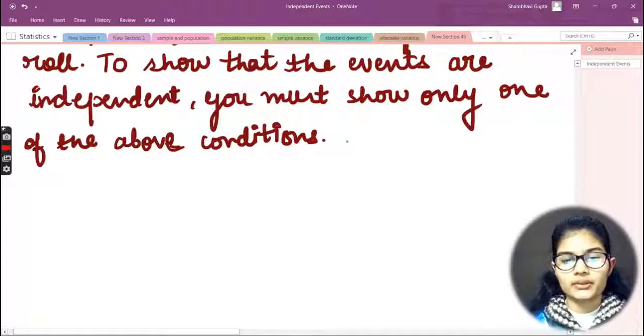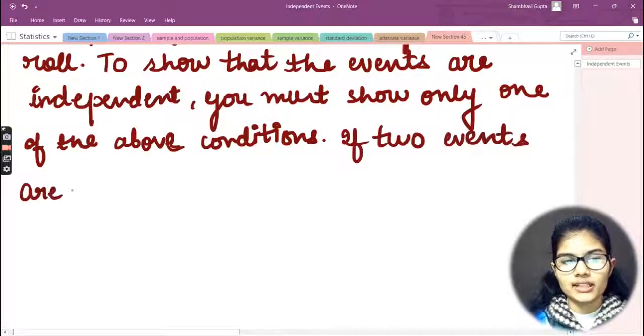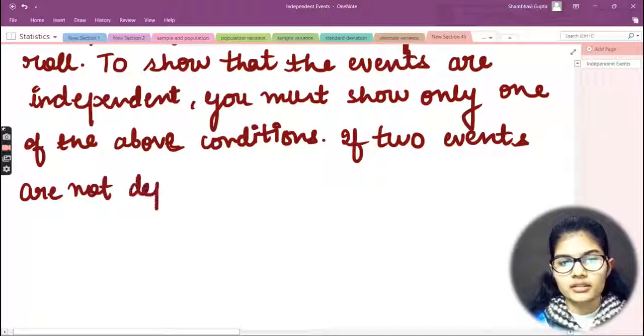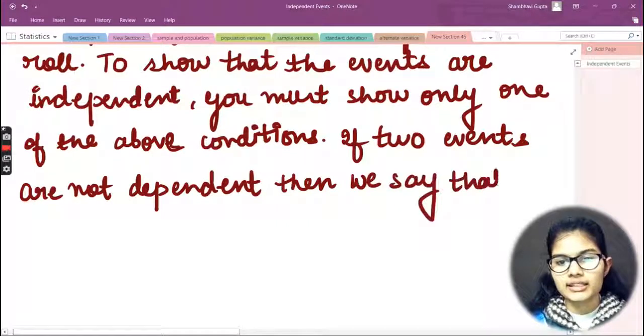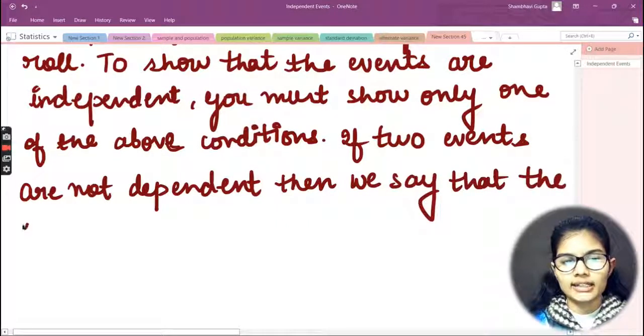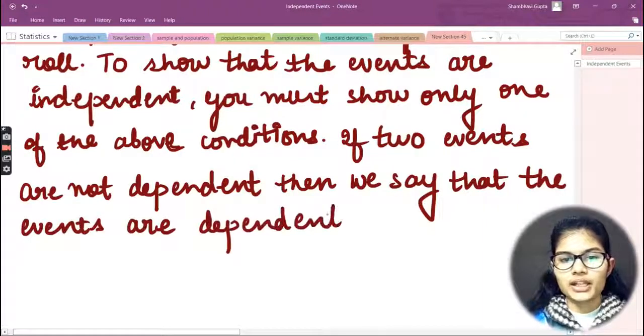Here I would just write that out: if two events are not independent, then we say that the events are dependent. So in that respective case, we say that the events are dependent.